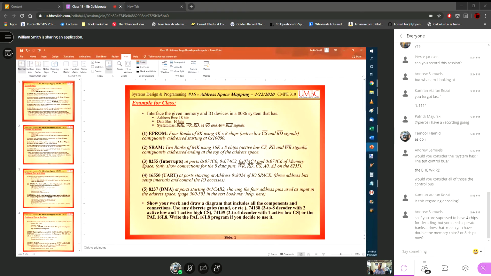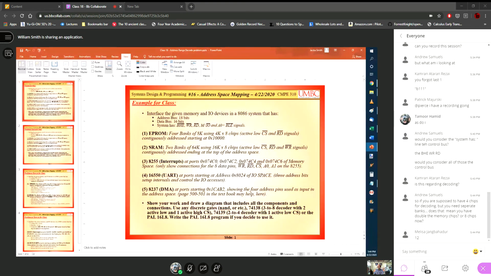How many address bits do I have on a 4K by 8 chip? We're going to work on this one for a while. How many address bits do I need for a 4K chip? A K is going to chew up how many bits?